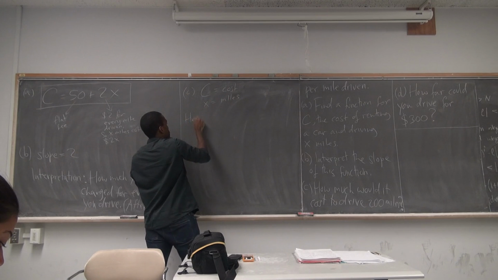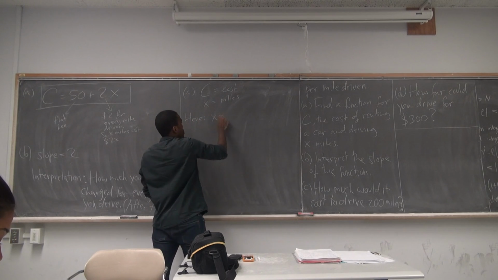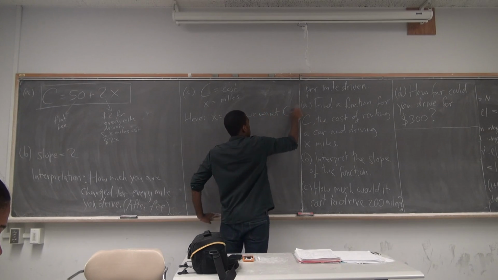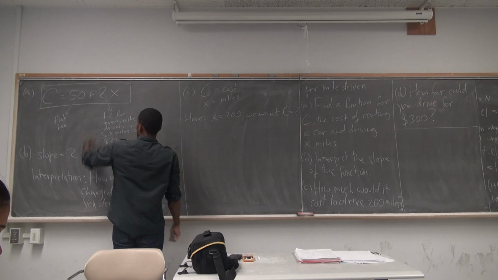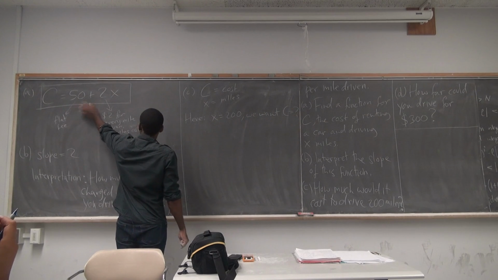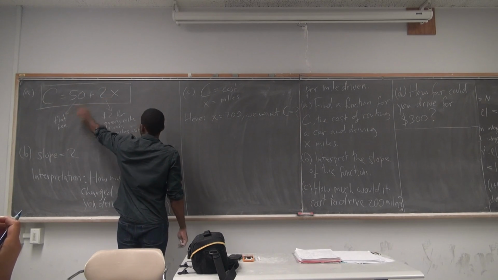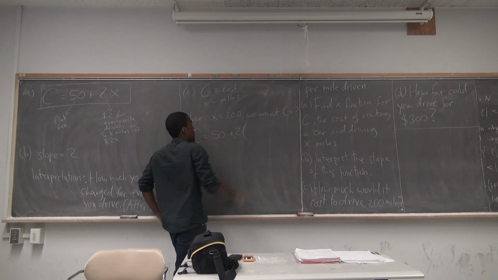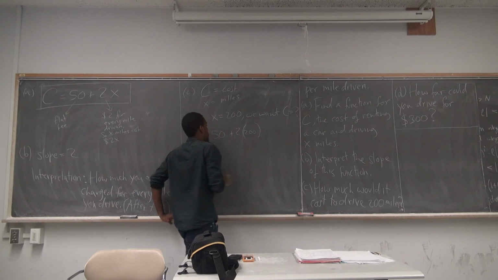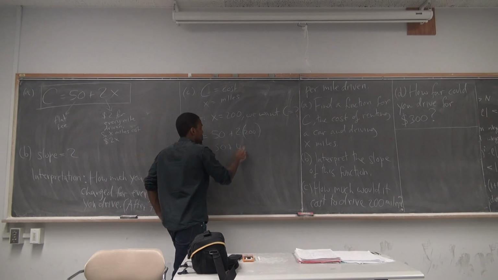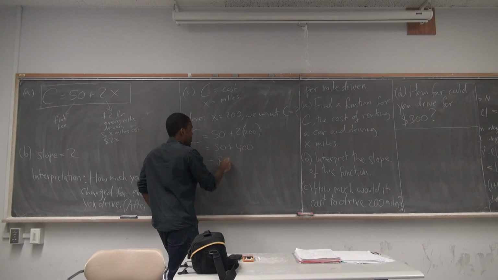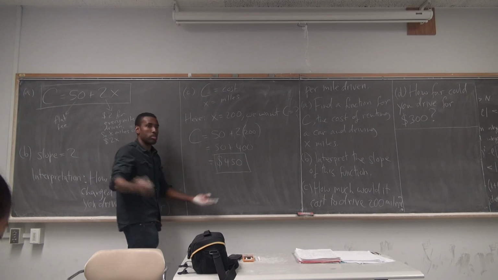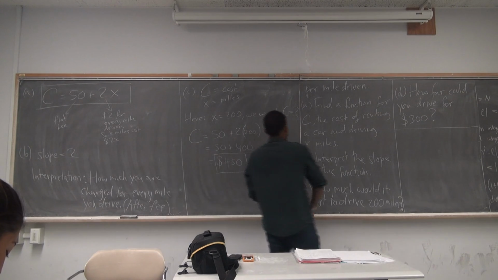So here X is 200, and we want C. So you're going to go into this function that you already set up in part A. You're going to plug in 200 for X and solve for C. So C would be 50 plus 2 times 200. That's 50 plus 400. That's $450. So that's how much it will cost me to drive 200 miles. That's an example.